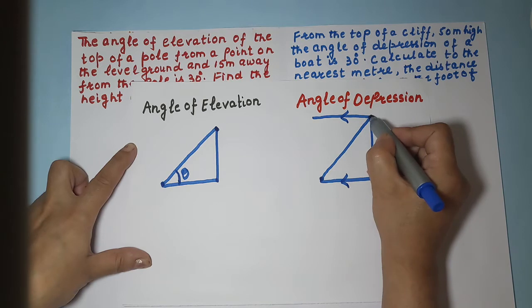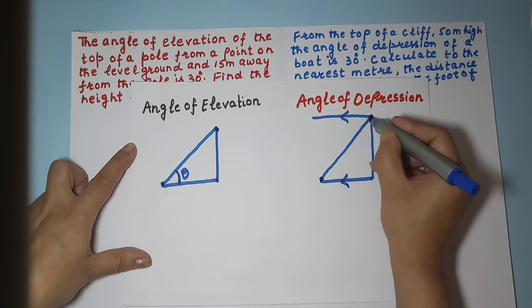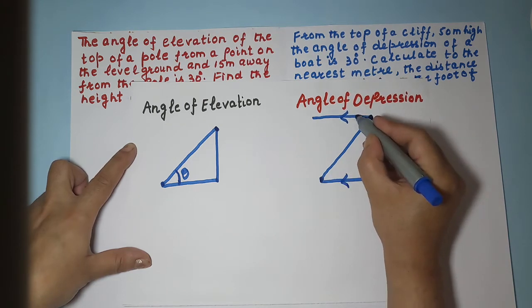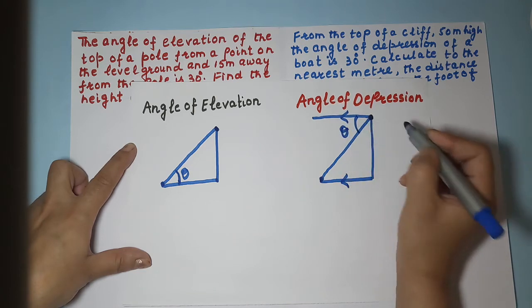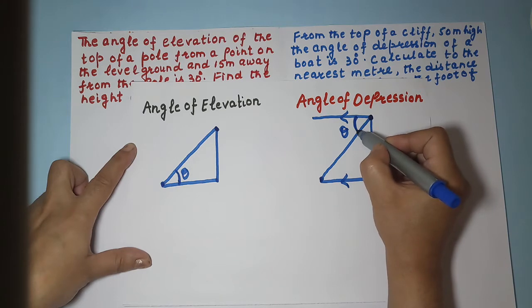Now, the angle which is made when you look at this point from the top of something, the angle of depression is this, right? So, this is angle theta here. Whatever angle is made here is called the angle of depression, right?